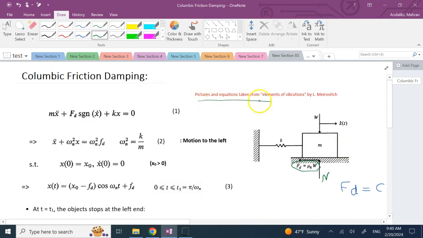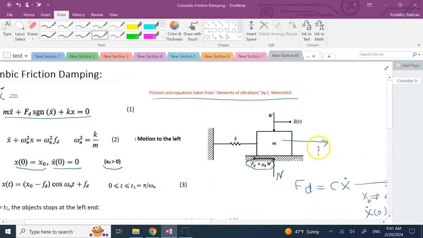By the way, again, the pictures and equations are all taken from Elements of Vibration by Leonard Meirovitch. So here, the governing equation is m x double dot equals the summation of the forces in the x. And here we assume that you release it from some non-zero x naught, which is bigger than 0, and from rest. So if this is the static equilibrium, you move it to the right, you bring it here to this x of 0 bigger than 0, and then release it.